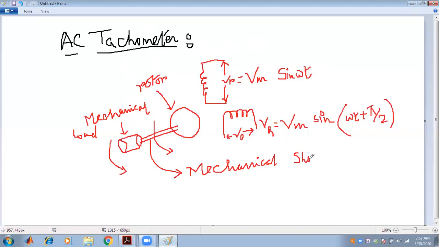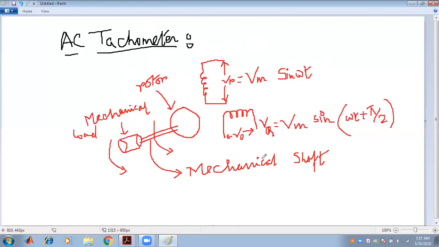AC tachometer. The load is connected with the shaft, and as the rotor starts rotating, there is a phase displacement and a temporal displacement between the two voltages, that is the reference voltage and the quadrature voltage that is applied. This produces a magnetic field.